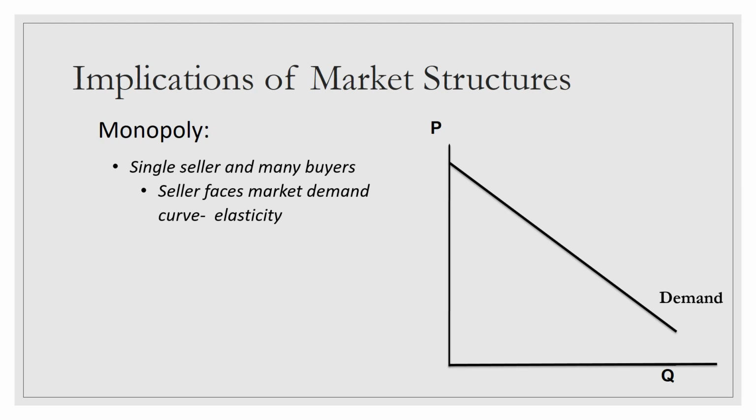Here, if the firm raises the price, the quantity demanded would decline. If this firm lowers the price, the quantity demanded would expand, but it wouldn't change to completely zero if the price went up. There is an elasticity of demand that this firm faces that individual firms in competition don't face. Okay?